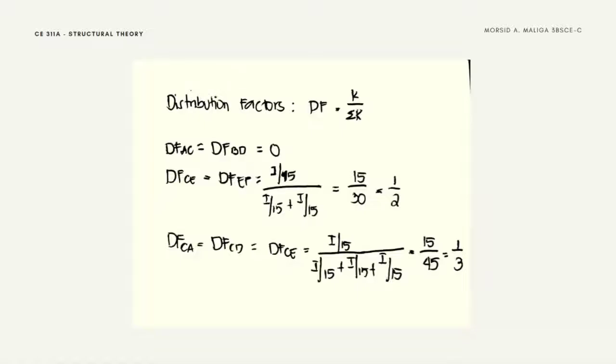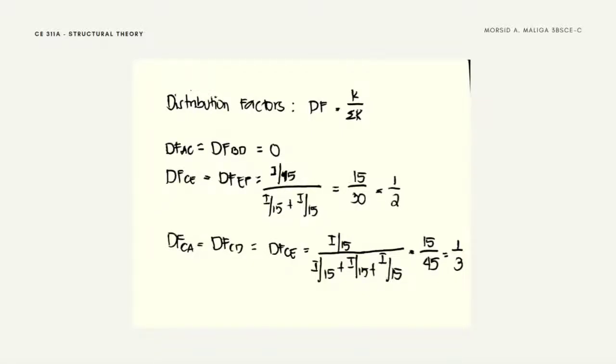For the next members, which are these three members, their distribution factors are also equal, as we can see in our figure, since the figure is symmetrical.